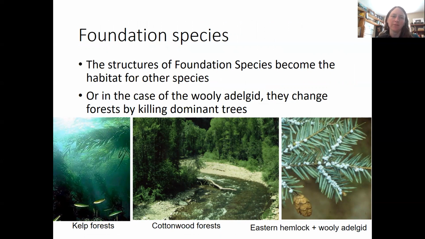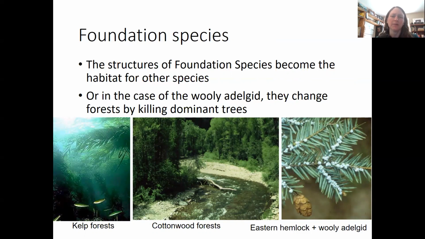The example I gave with kelp forests: they are a huge habitat for hundreds of species of marine organisms, and without kelp forests, you lose all of those organisms. So the kelp themselves are the foundation upon which the community is built. We can think about that similarly for riparian trees. Here we have cottonwood forests, and they are foundation species. You only find certain organisms in riparian habitats, and without the riparian forest, without the tree, you don't have those communities.